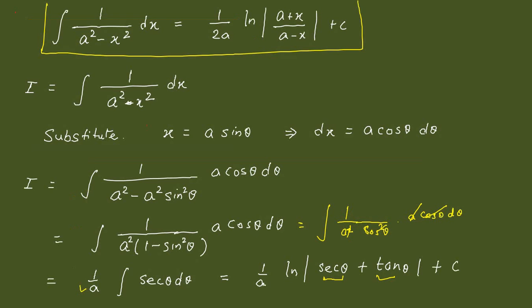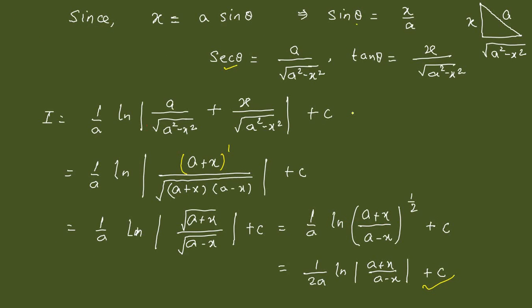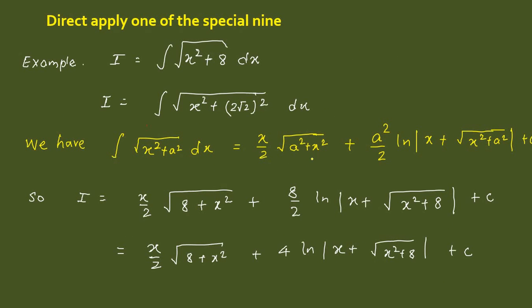So now let us try to apply this result in problems. There are two kinds of problems. The first is we can directly apply the special line, any of the special lines. There are 9 important integrals or results, and we can apply them directly. How?